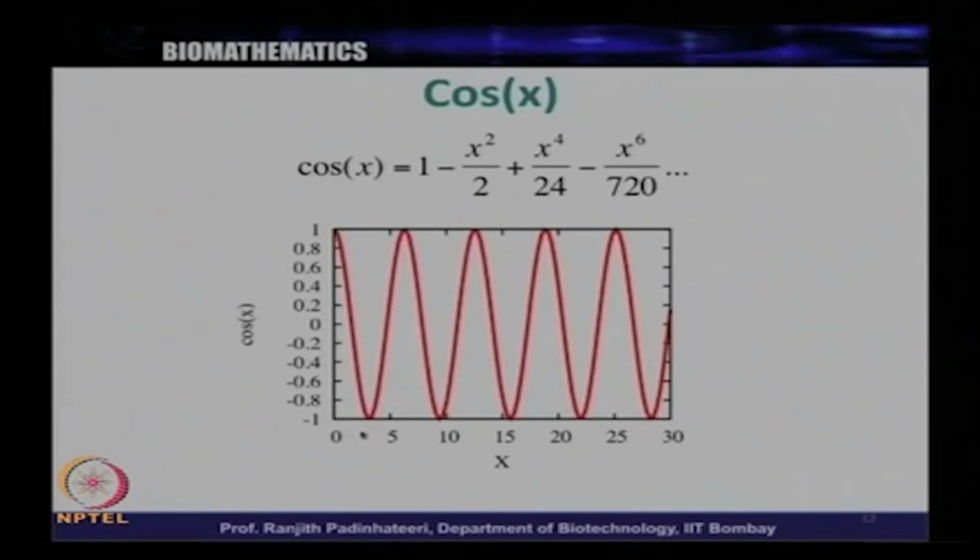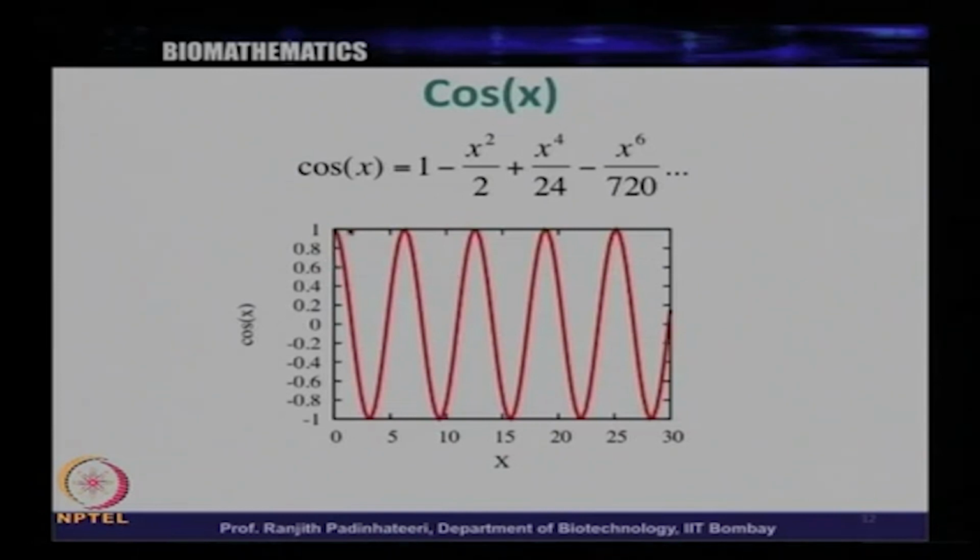When x equals 0, all terms will be 0 except 1. So, when x equals 0, cos of x is 1. You can see when x equals 0, this is 1, then it decreases until minus 1 and then increases, then again decreases, increases. It is also a periodic function, or an oscillating function.